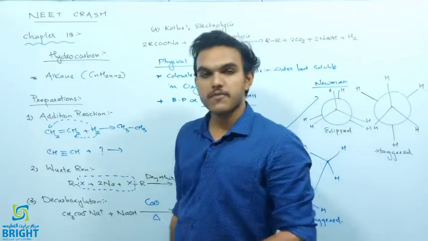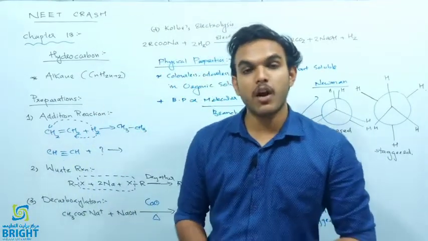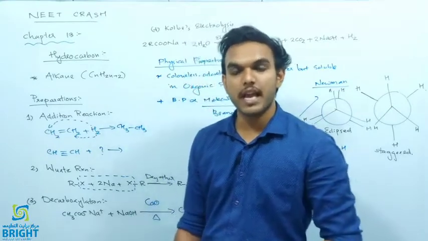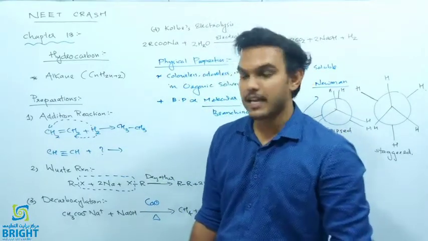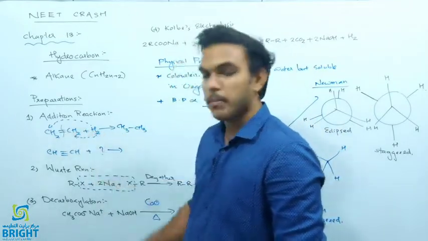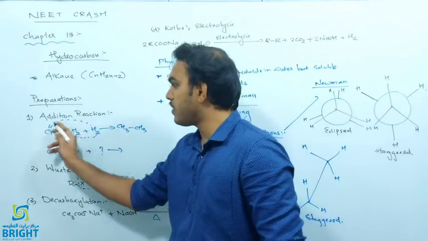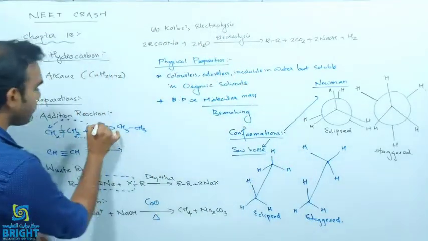So during this preparation, first of all, we are dealing with the addition reaction. It is also known as the hydrogenation reaction of unsaturated hydrocarbons. For example, if it reacts with hydrogen, this double bond will break and this hydrogen will come to this carbon and this hydrogen will come to this carbon. This reaction occurs in the presence of nickel.